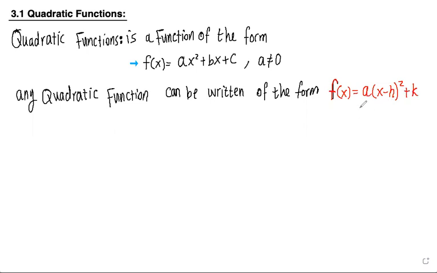So this is called the standard form. So any quadratic function like this, f of x equal ax squared plus bx plus c, I can write as this form. This is review.